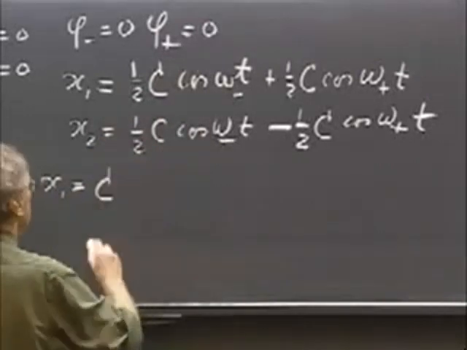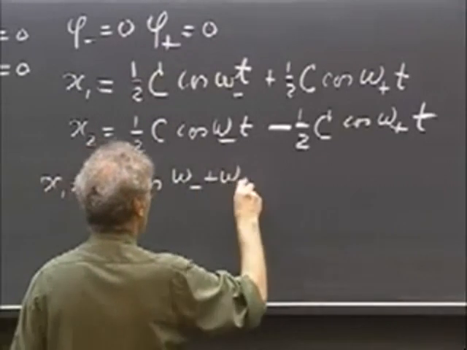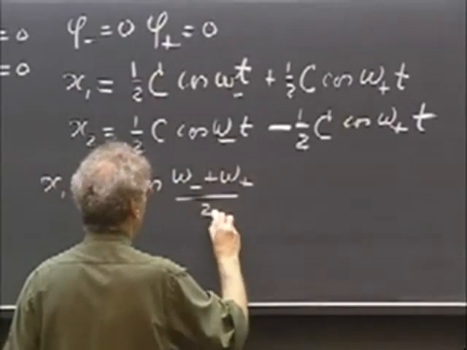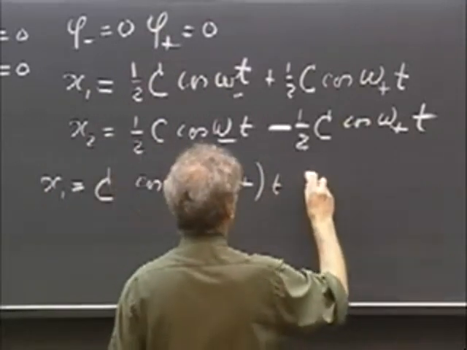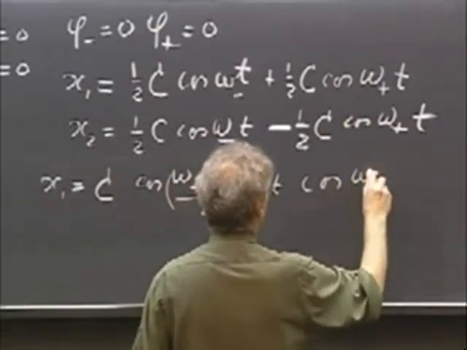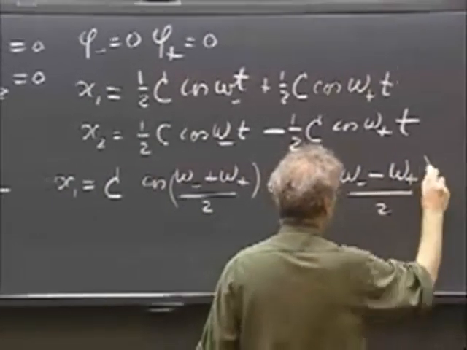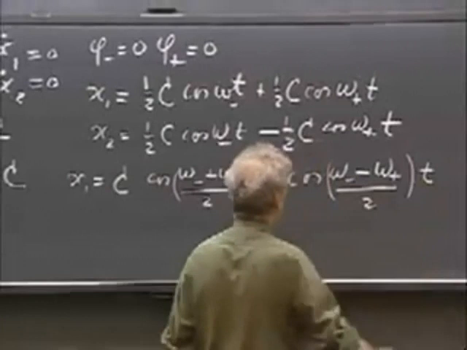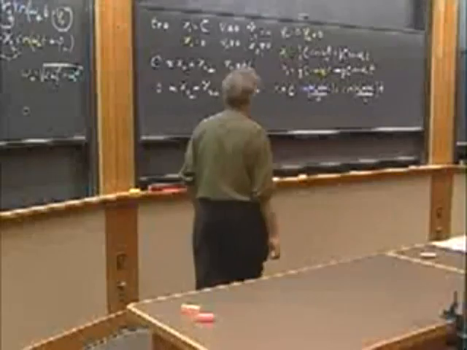So I get c times the cosine of (omega minus plus omega plus) divided by 2 times t, times the cosine of (omega minus minus omega plus) divided by 2 times t. I've just rewritten it in a different form.